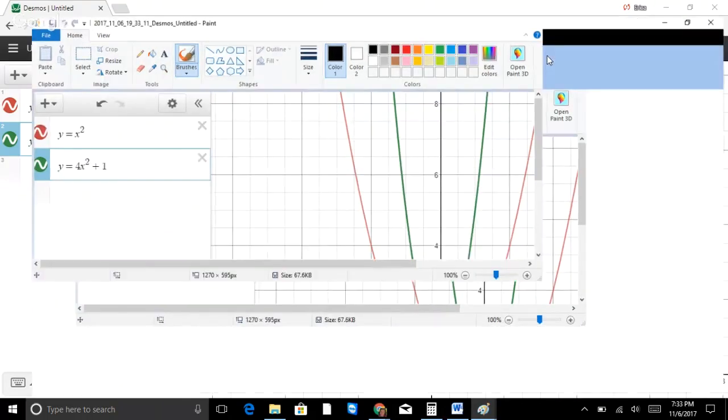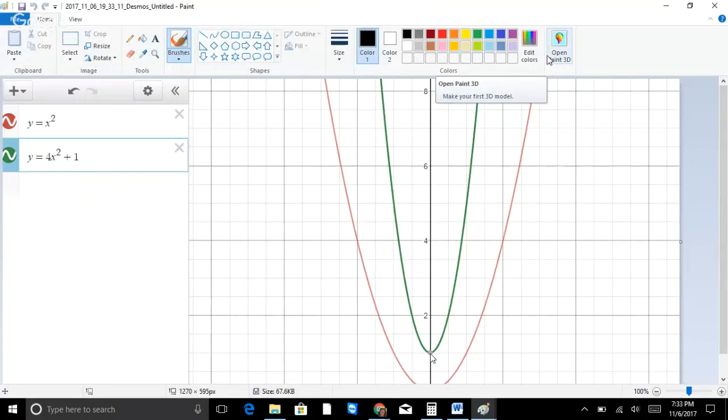Here we go. All right, so we have y equals 4x squared plus 1. In this case, our a term, the term before our x squared, is 4, and our b term is 0, because there is no plus x. We can just say it's plus 0x.